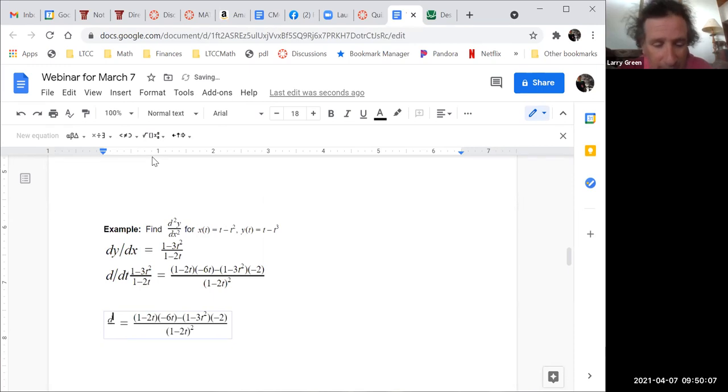So d squared y over dx squared is going to be, well, if I divide by another 1 minus 2t, this becomes 1 minus 2t cubed. So it's actually really easy.